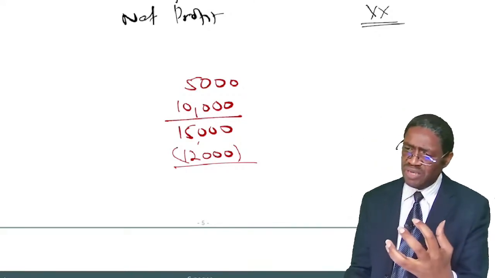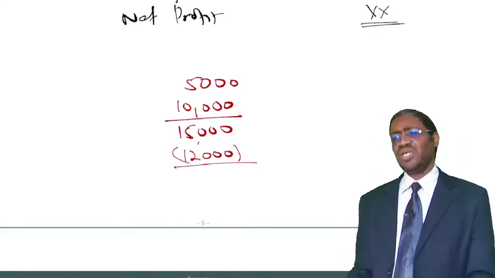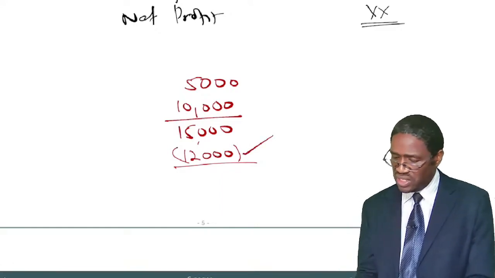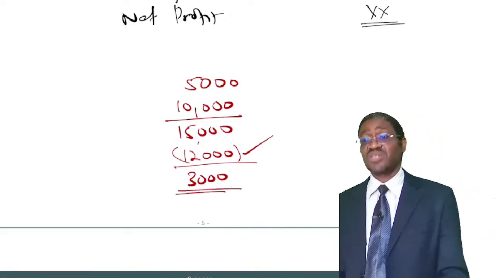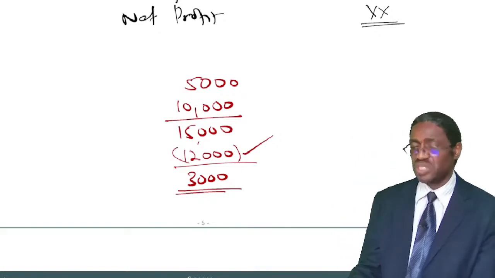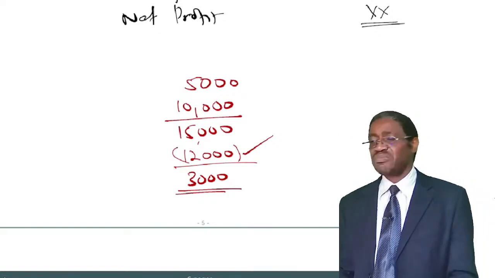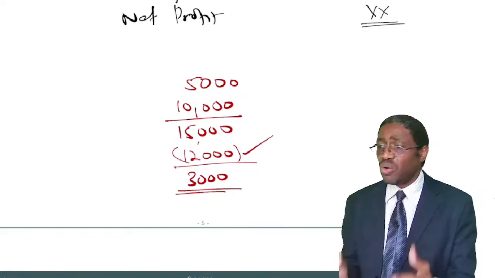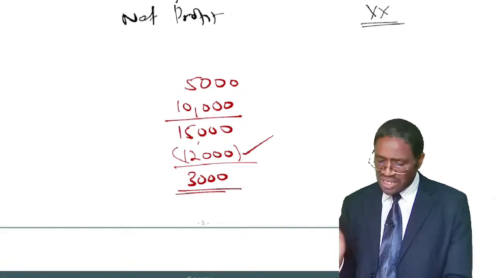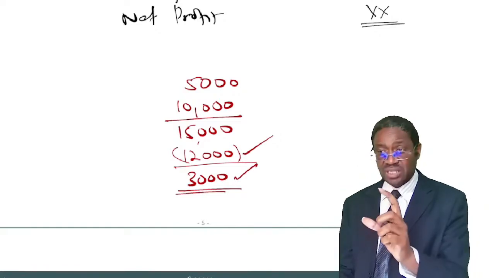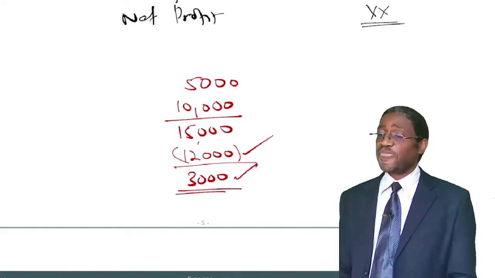But what if I value them and I find they are only worth 12,000? It means small tools worth 3,000 have been consumed during the year. They have either broken down or got lost. So that's how much you will take. Listen, 3,000 is what you will take to your manufacturing account.